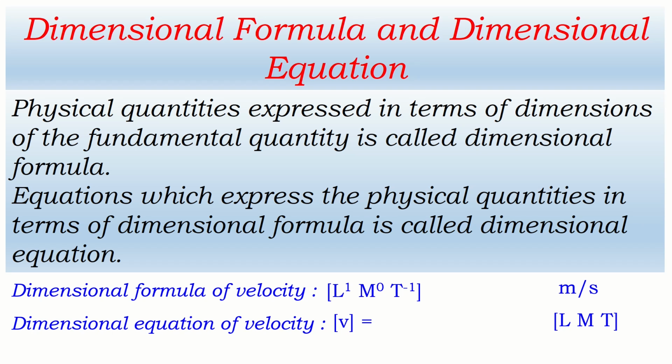On the left hand side we have V, which should be taken into a big bracket, and on the right hand side length, mass and time should be written, and this is the dimensional formula, but the dimensional equation represents both sides. This is the dimensional equation of velocity. This way we can understand dimensional formula and dimensional equation.